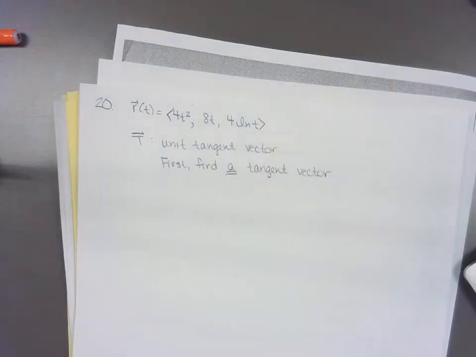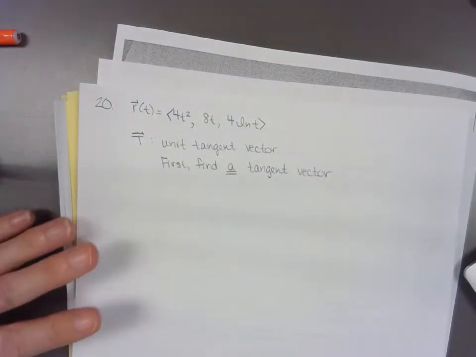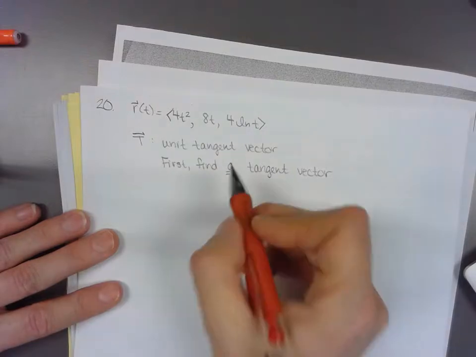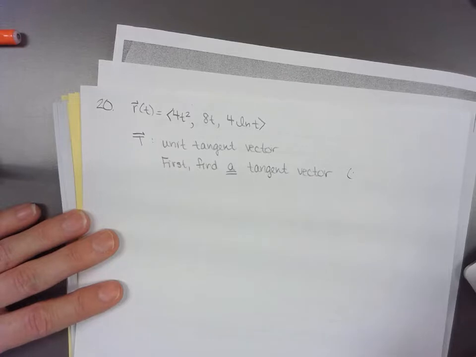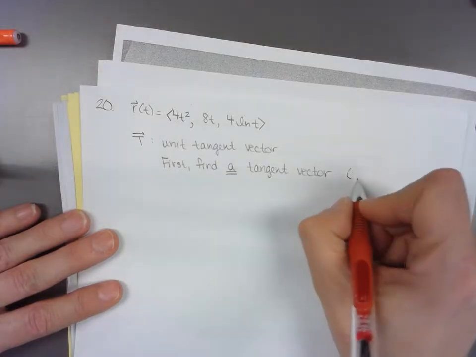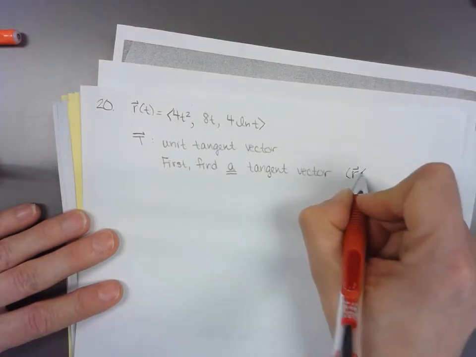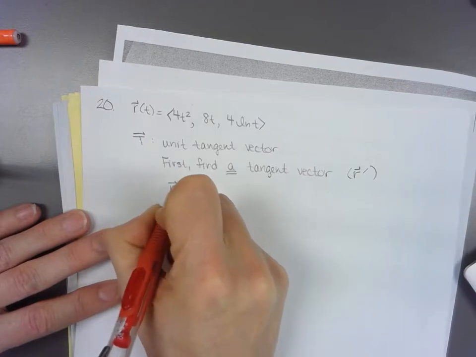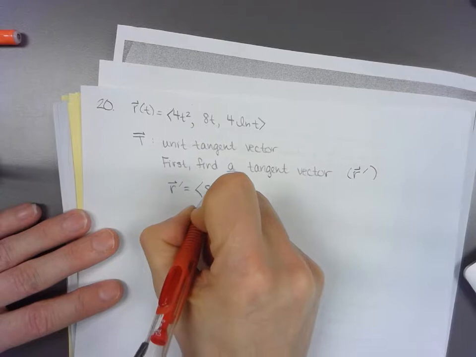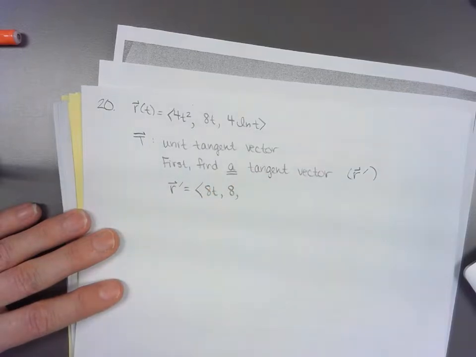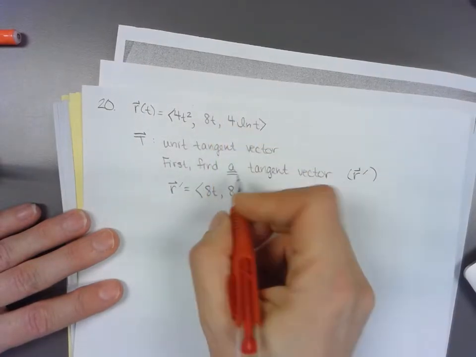But we didn't go on and find N and B, right? So the first thing we want to do is find a tangent vector, and what always gives us a tangent vector? R prime. Okay, so what's R prime's first component? 8t. Except there's a 4 in front, yep, so 4 over t.